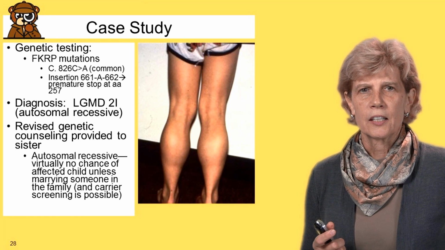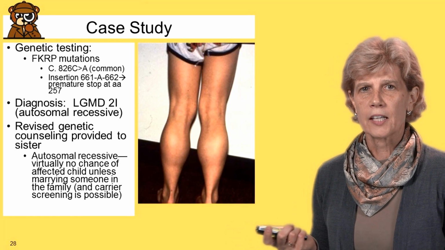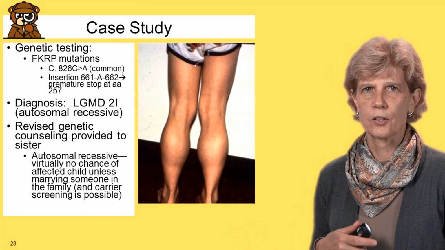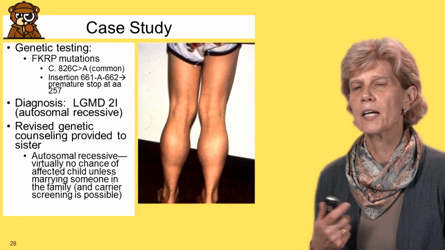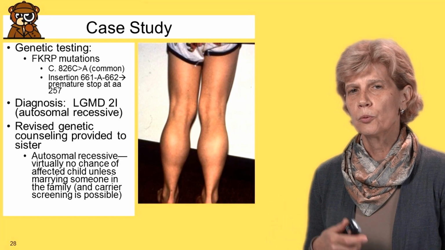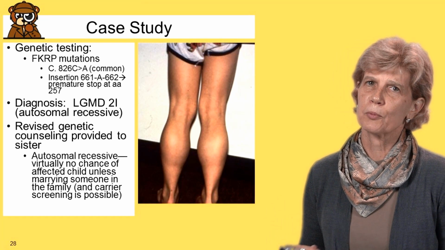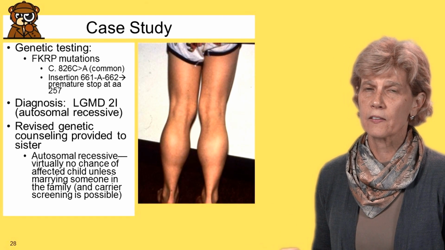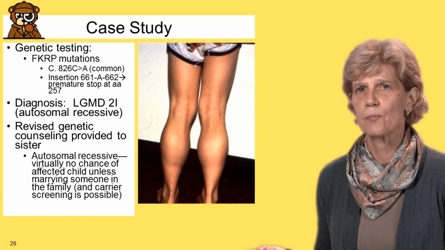So then we went on and said maybe this is a dystroglycanopathy, looked at FKRP, which I mentioned previously, and he is heterozygous for the common mutation and then an alternative mutation. So he has LGMD2I, which is autosomal recessive, and that totally revised the genetic counseling provided to his sisters. This is a very low chance that they would have an affected child unless they married somebody in the family.